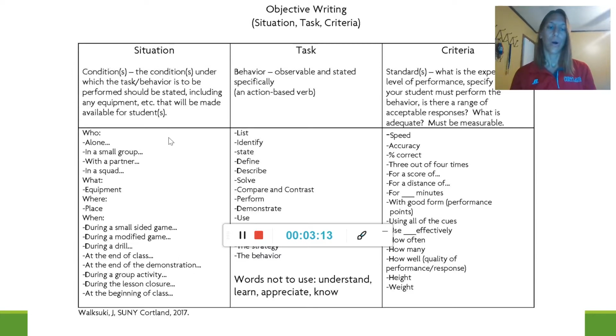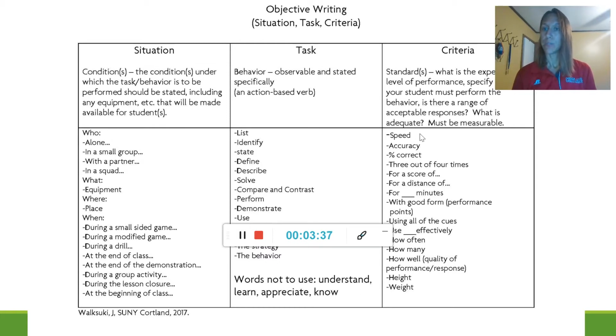Gives you all of these examples of what you can use for a situation, for different types of tasks. You can list cues, you can list rules, you can identify the court dimensions, you can describe how to do a forward roll in gymnastics. And then it also gives you some criteria that you can use.